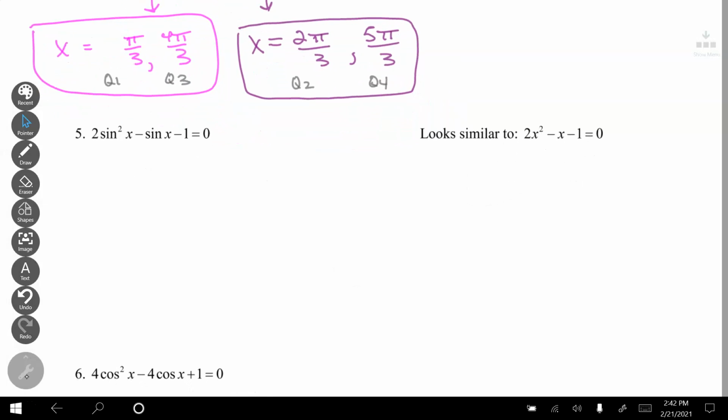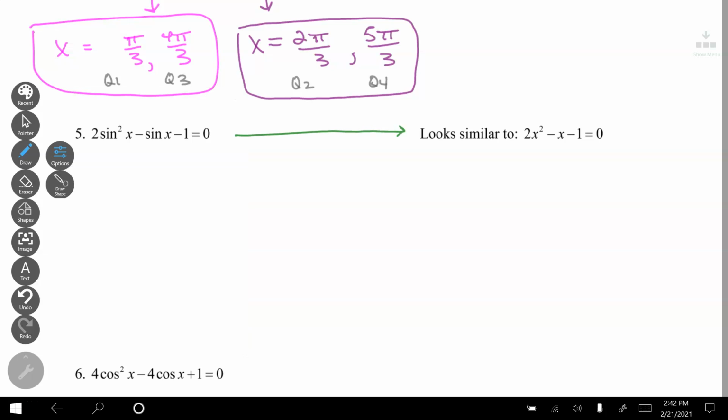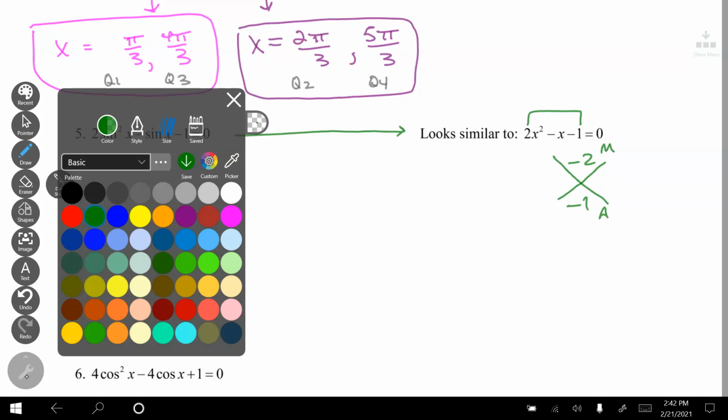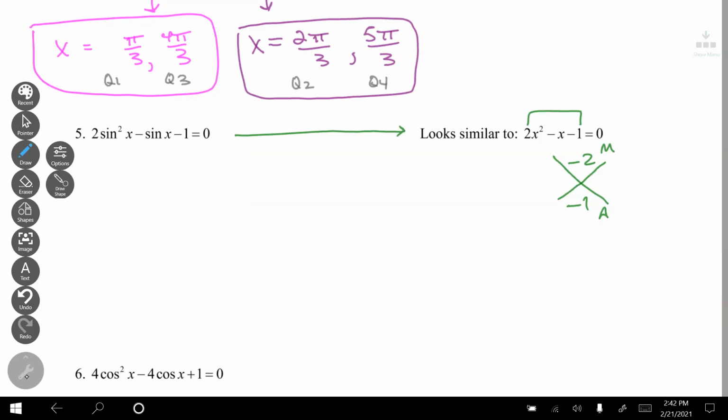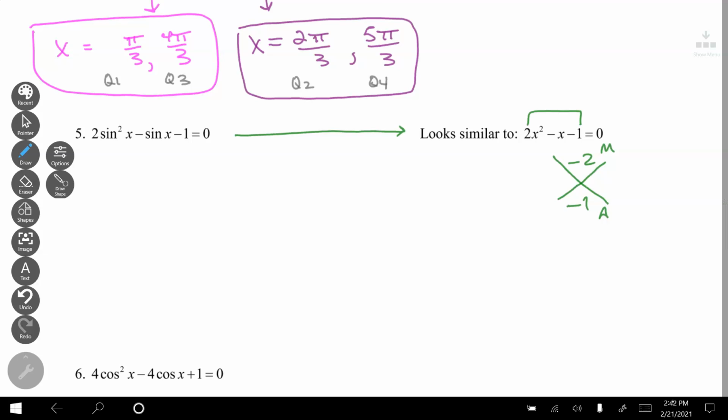Okay, this next one's a little bit more difficult because it seems like I have to do a bit more factoring. And I think this looks similar. So when I see this problem here, I'm going to factor it. And if you don't know how to factor, we could do our little factoring x, multiplying these two together. You get negative 2. The number in the middle here is negative 1. I want to multiply and add. So the best way to do that, I get positive 1 and negative 2, but don't forget there's a 2 here.